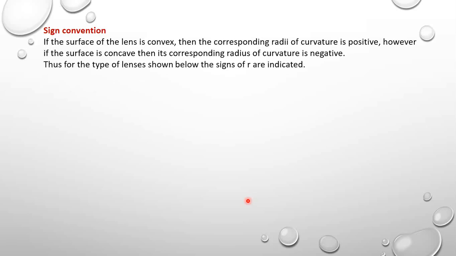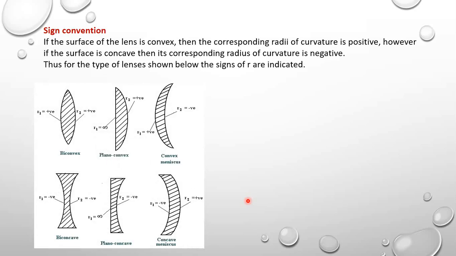We have what we call the biconvex lens. In this lens, both surfaces are convex, so it means that this is going to have a positive radius of curvature, and this is also a positive radius of curvature. Then the plano-convex: this side is a flat surface, or a plane surface, so the radius of curvature is infinite, while for this convex side, the radius of curvature is positive.